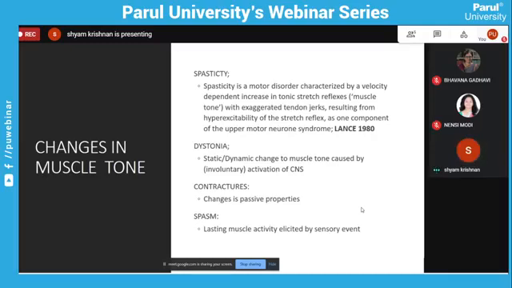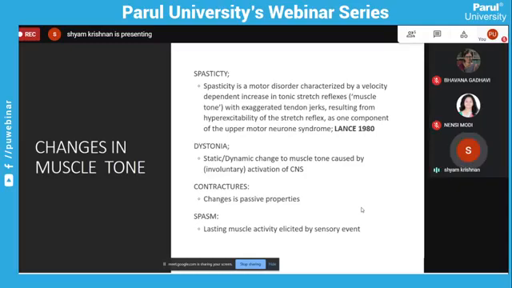Now this is what leads to an absolute limitation of passive range of motion later on in a condition which can cause a spasticity for that matter, or a dystonia for that matter. For example, if the same stroke patient whom I was talking about, who is exhibiting a flexion synergy, you leave him untreated or unattended for a prolonged period of time, ultimately there is going to be a development or progression of contractures in such a way that the available passive range of motion will be severely limited.